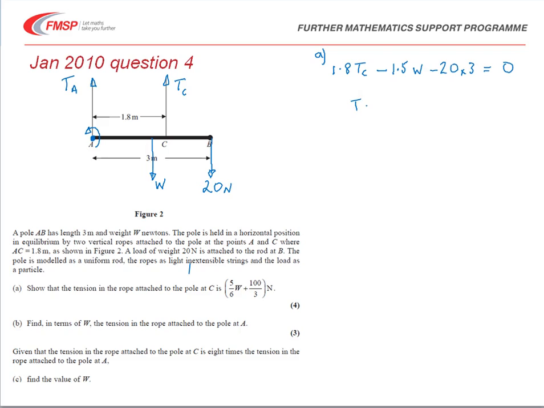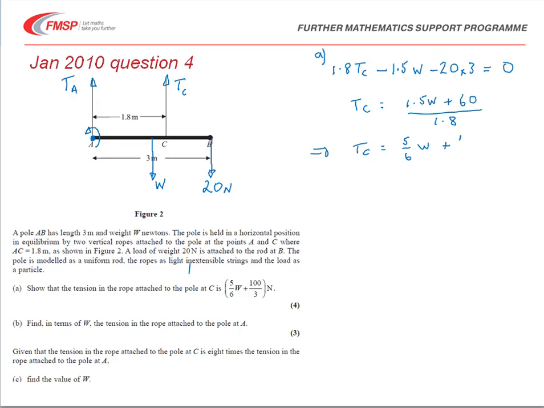This means that TC is equal to 1.5 W plus 60, divided by 1.8. And that is equal to 1.5 over 1.8, which is 5 over 6 W, and 60 over 1.8, which is equal to 100 over 3.